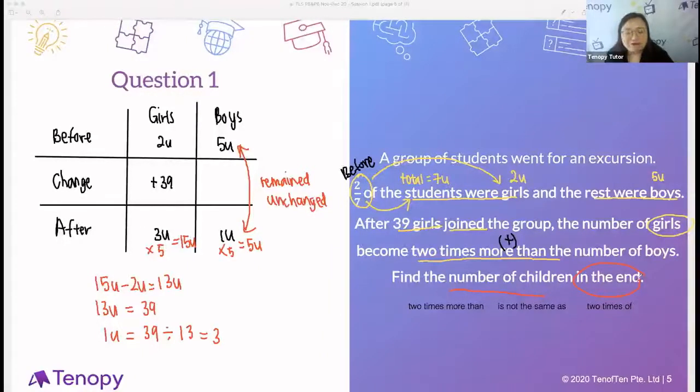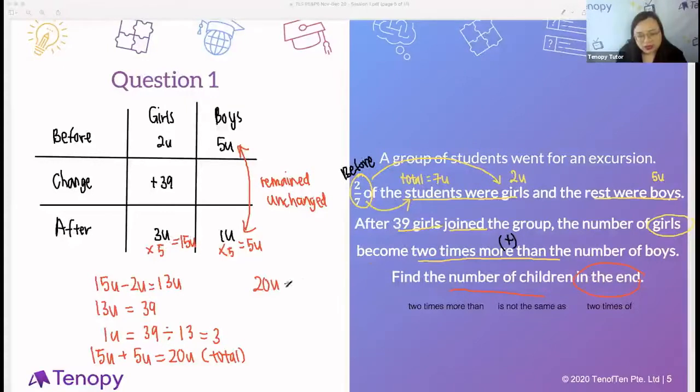So total, it will form, remember, 20 units. Yes, Haoshen, 15 units add with 5 units to get 20 units. This is your total. So to get the value, you take 20 units, equivalent to 20 multiplied by 3, to get 60.